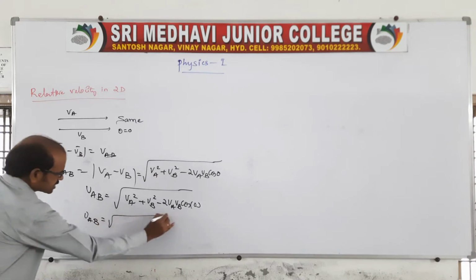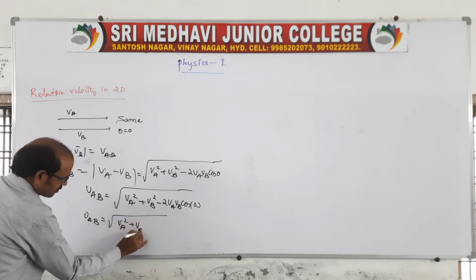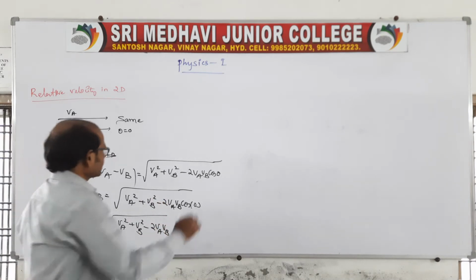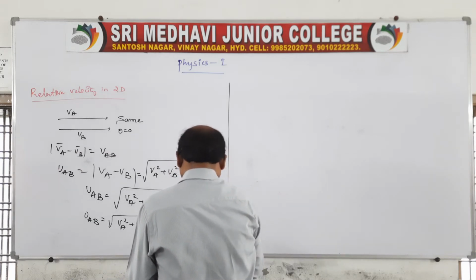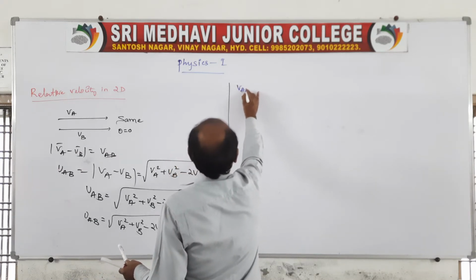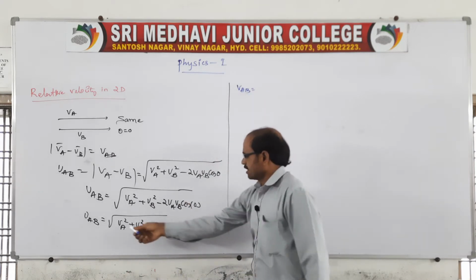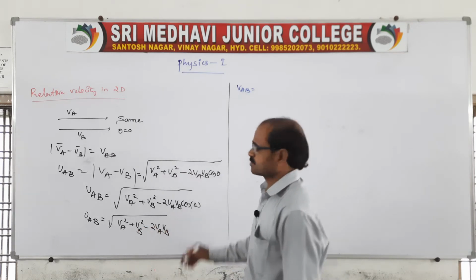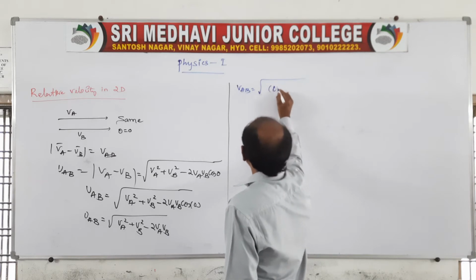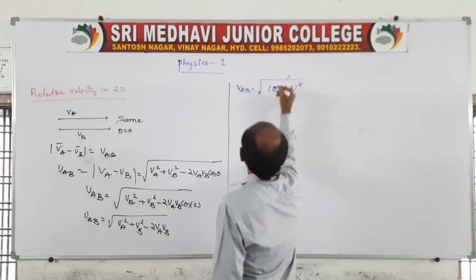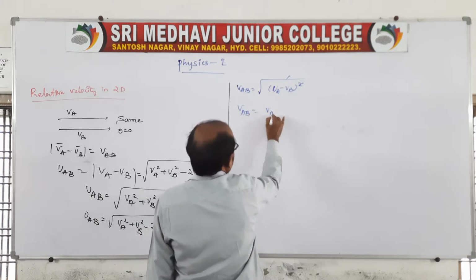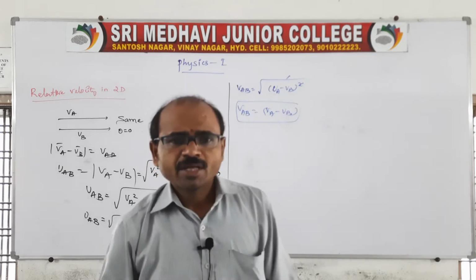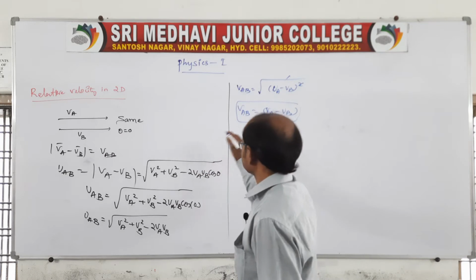So we get VA square plus VB square minus 2 VA VB, which is nothing but VA minus VB whole square. The square root cancels, so the relative velocity of A with respect to B is VA minus VB if they are in the same direction. This is the first situation.